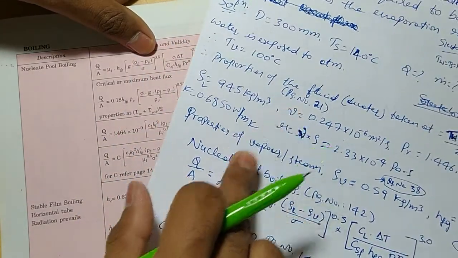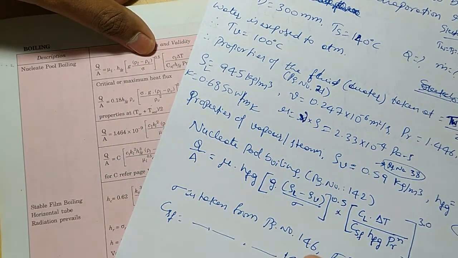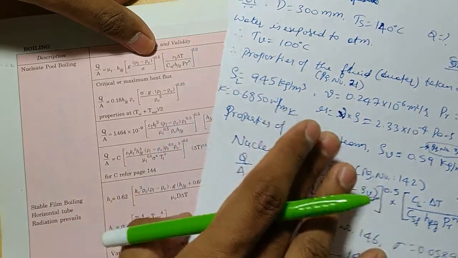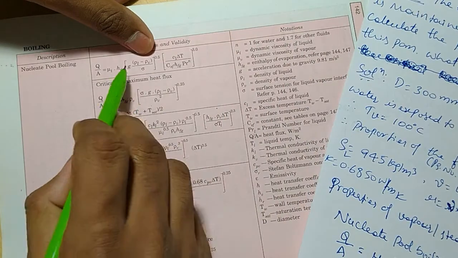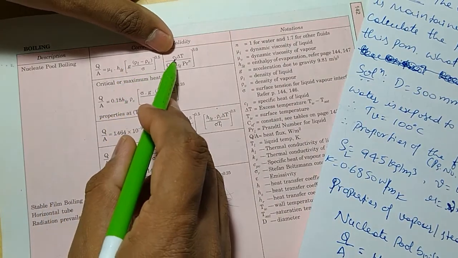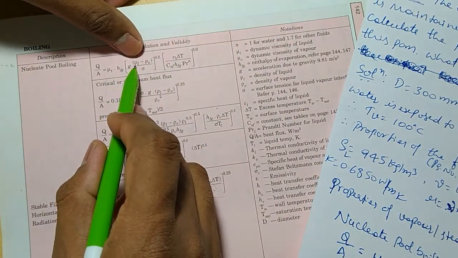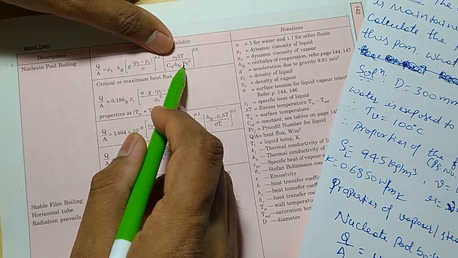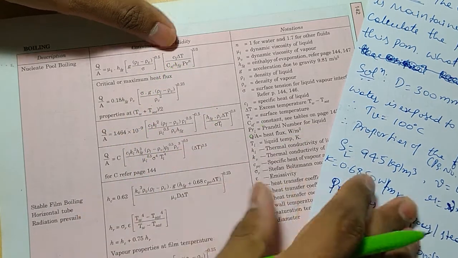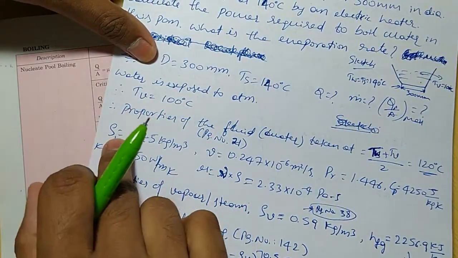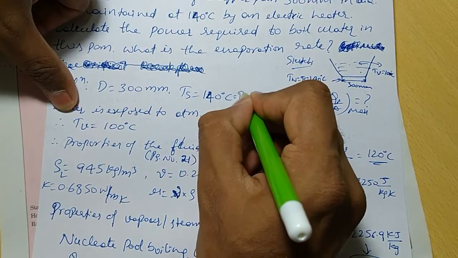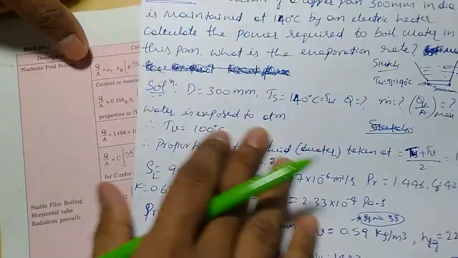Only the density of the vapor is taken from another page, page number 38, in the chapter gases. Sigma, okay, I'll leave that one. Rho L, rho V, CL, Prandtl number, and delta T is the difference between T surface, or T wall, TW, minus T sat.